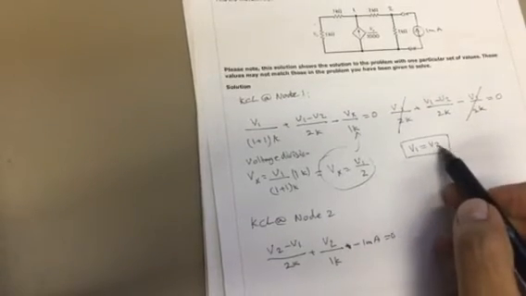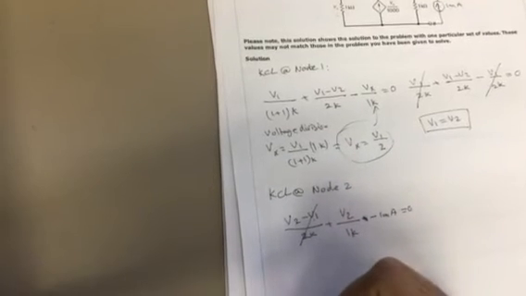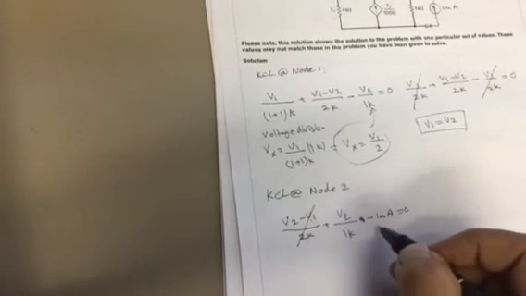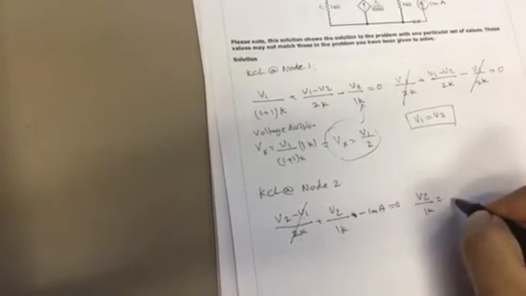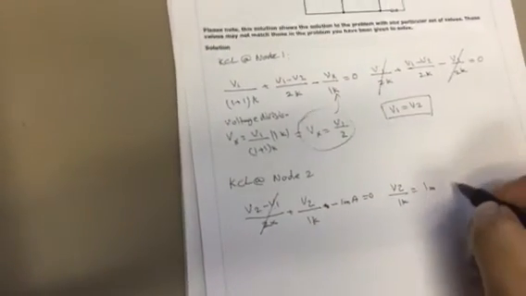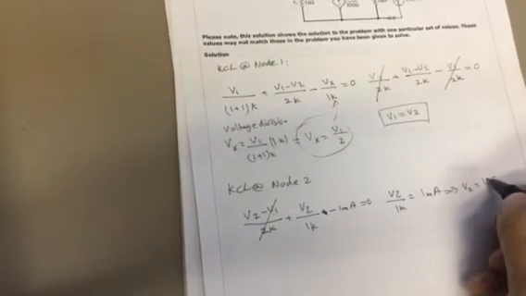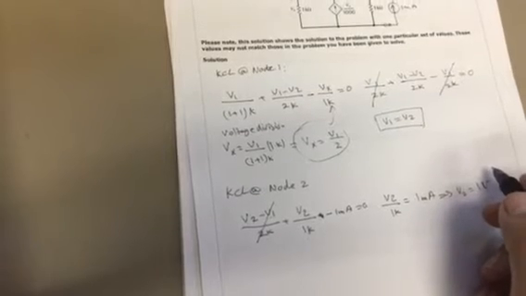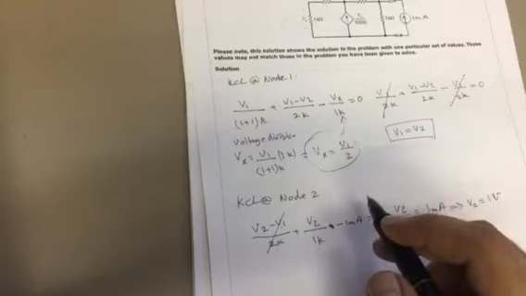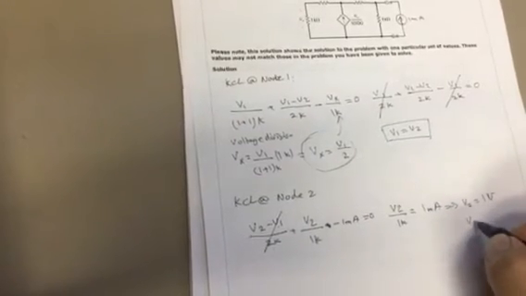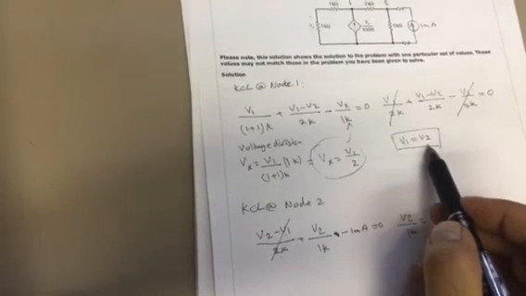Knowing that V1 equals V2, V2 minus V1 over 2k is 0. So V2 over 1k is 1 milliampere. Then I conclude that V2 is 1 volt, and V1 is also 1 volt, because V1 is equal to V2.